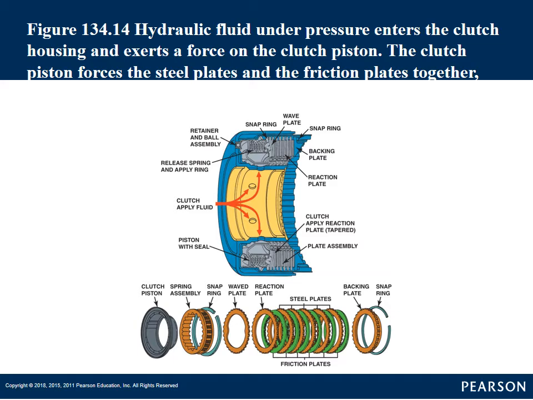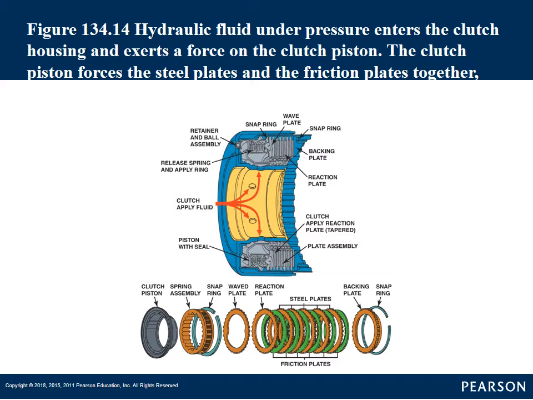Again, most customers don't want that transmission to shift really hard. They don't want to feel that shift. So they try to smooth these shifts out to kind of dampen the torque as they apply, so it doesn't shift so hard. And then you can see the alternating steel and friction plates.